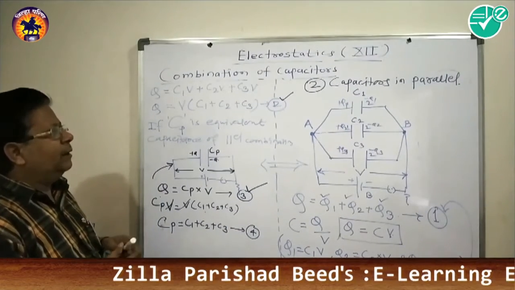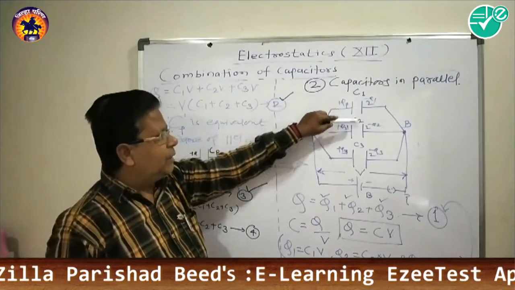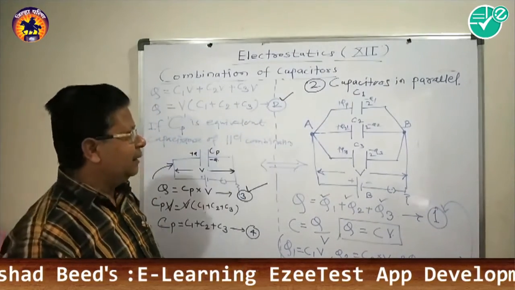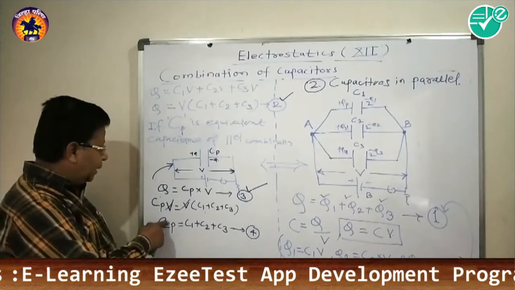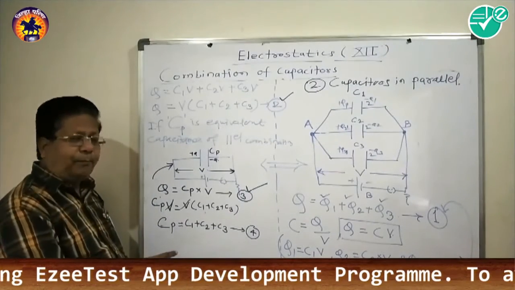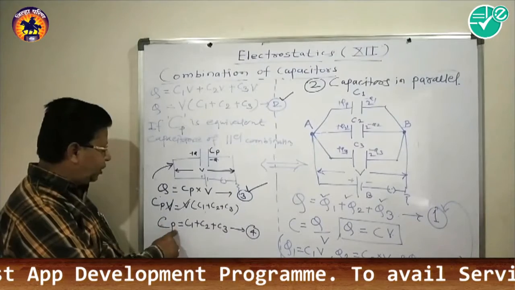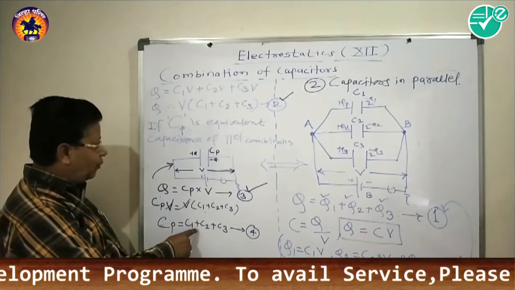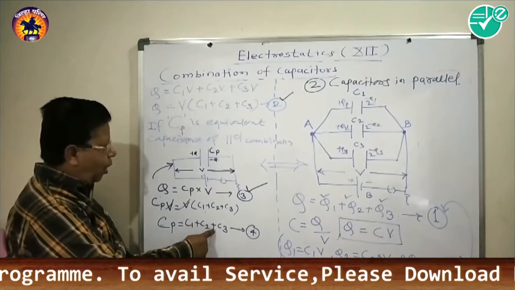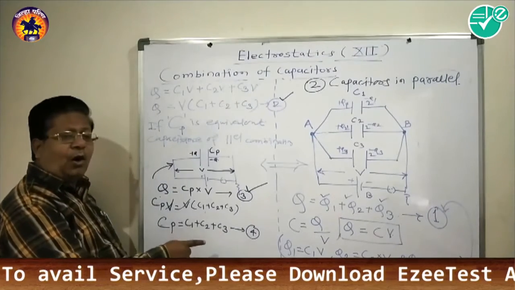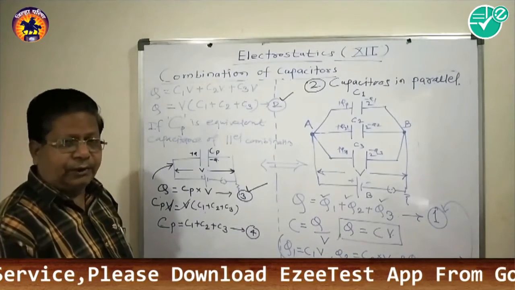So when three capacitors are connected in parallel, the equivalent capacitance of the parallel combination is Cp and is equal to the sum of the capacitances of the individual capacitors.